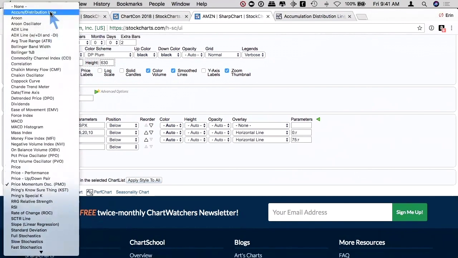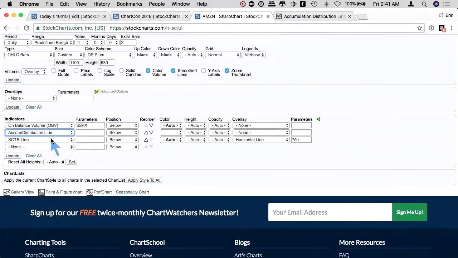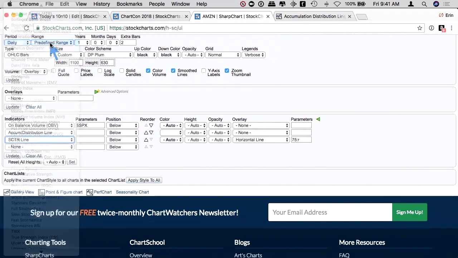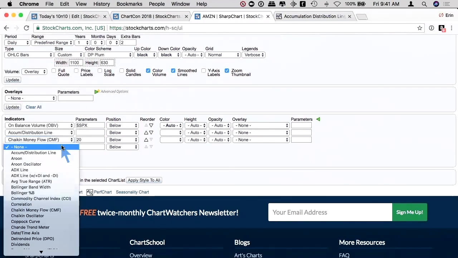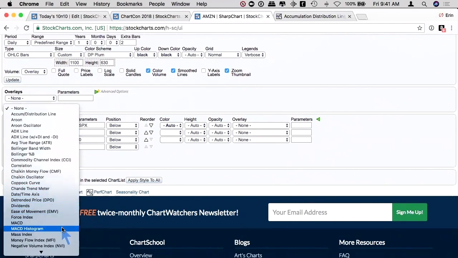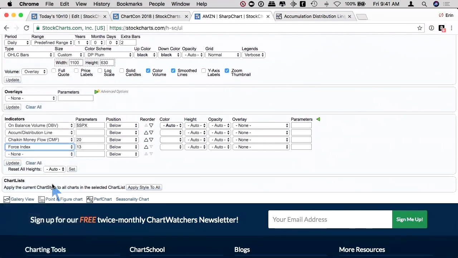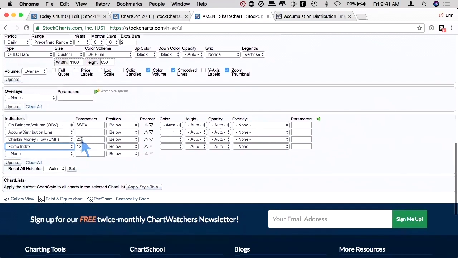We're going to do accumulation distribution. And then we're going to do Chaikin money flow. And then we're going to take, let's see, what was the other? Force index. We'll look at the force index. There we go. All right, and again, notice that these are, remember, the 20 period moving average of the ADL line.